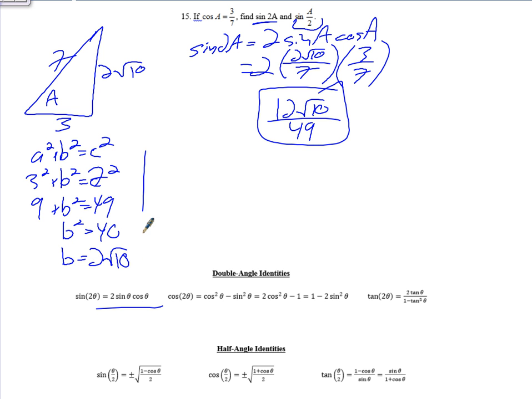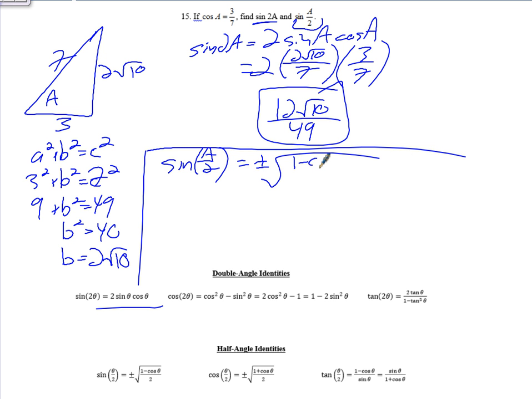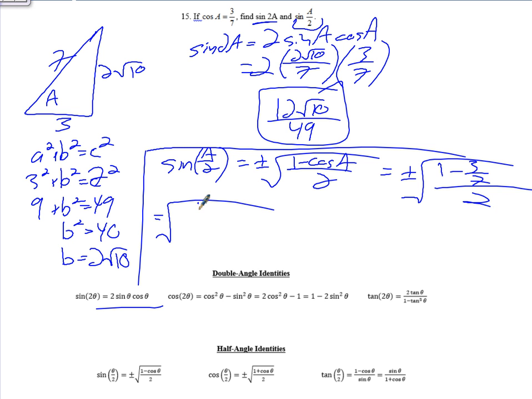For sine of A over 2, the half angle, we again plug it in, plus or minus the square root of 1 minus cosine A over 2. Cosine A is 3/7 over 2. So 7/7 minus 3/7 is 4/7. And again, we know this is going to be positive because it's an acute angle, so I can get rid of the plus or minus. 4/7 over 2 multiplied by the reciprocal of the denominator.